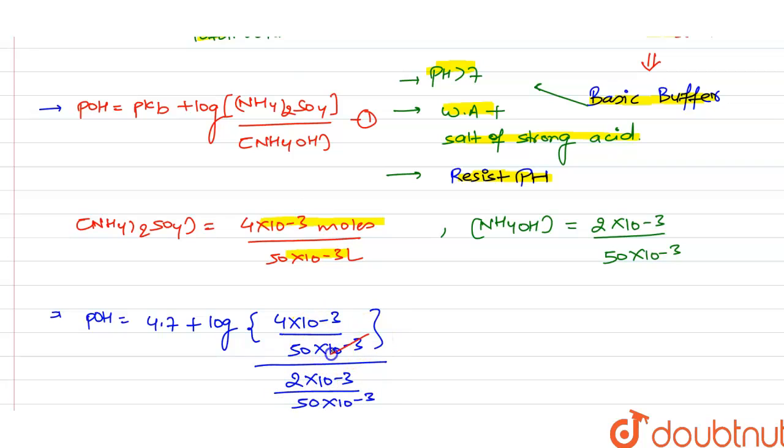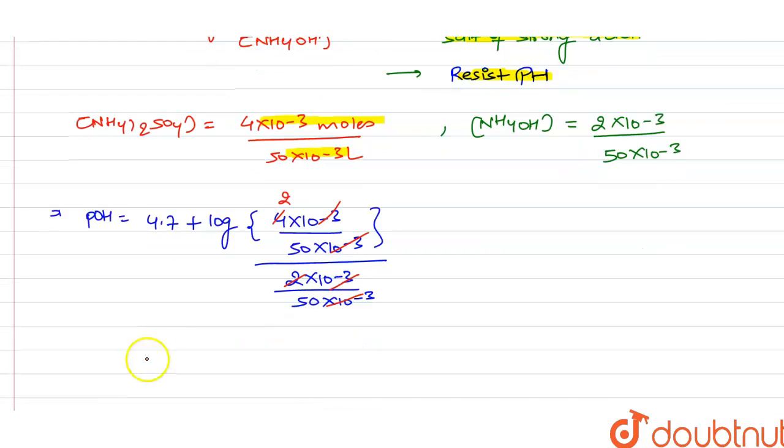On solving, it cancels out and at last we get 2. So pOH is equal to 4.7 plus log 2.